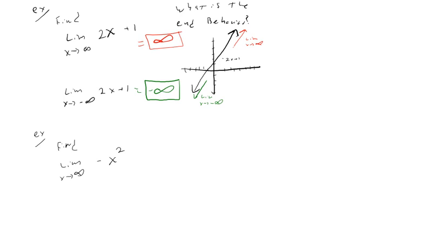What is happening with this function as we get to the end behavior of this function? Look at the end behavior.